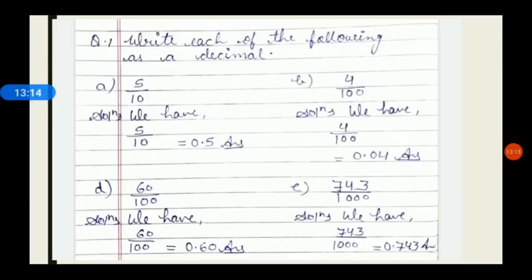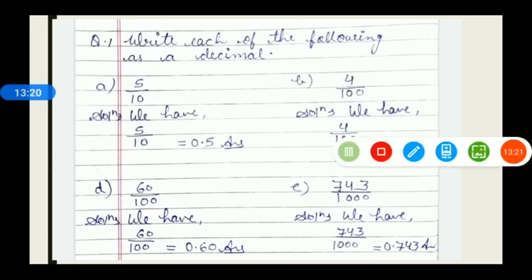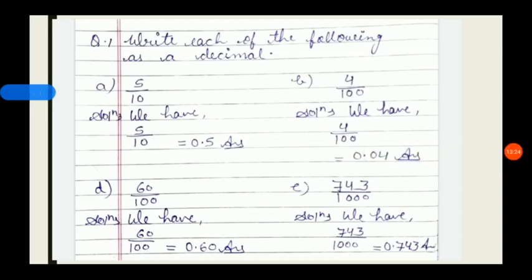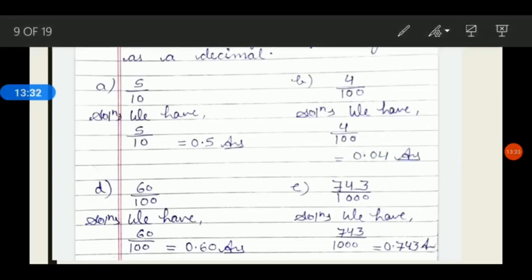Now see the solution. Write each of the following as a decimal. 5 upon 10 we write as 0.5. 4 upon 100. So you can see 5 upon 10 is 0.5, B 4 upon 100 is 0.04, 60 upon 100 is 0.60.